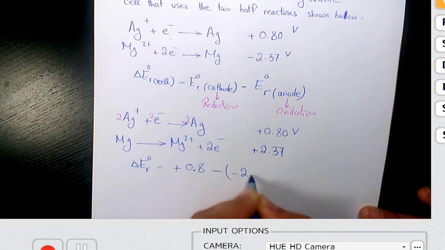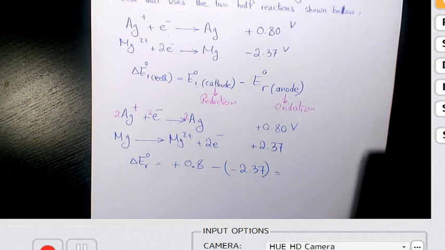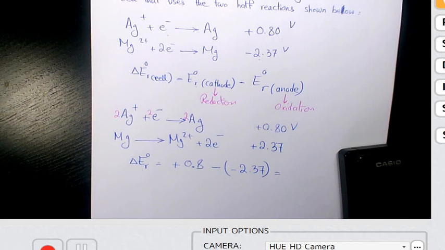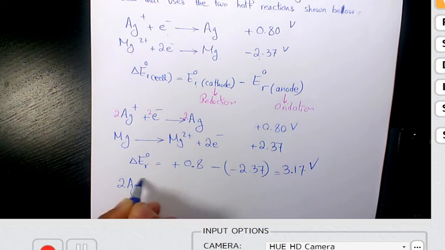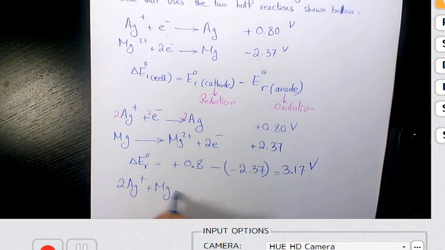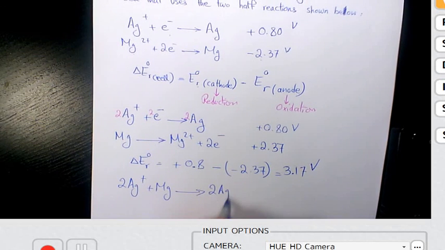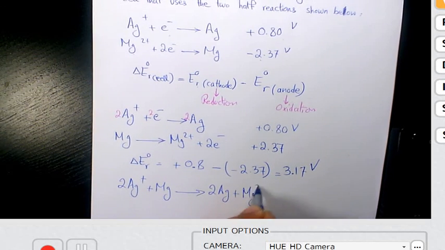So we have negative 2.37. So when you calculate it, that's going to give you 3.17 volt. So the overall reaction is going to be 2 Ag+ plus Mg gives you 2 Ag plus Mg2+.